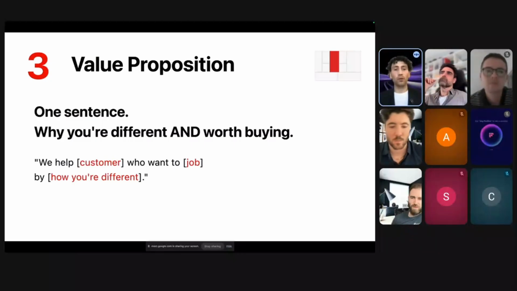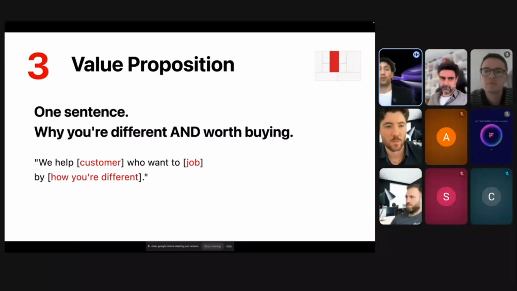We target CFOs. We have an AI contract review platform, and we have 10K MRR. You know, something like this. I tend to put more numerical stuff because investors like it, and because business model is about the business, not just about your product or your solution or your service. So that's how I make it compared to the value prop.